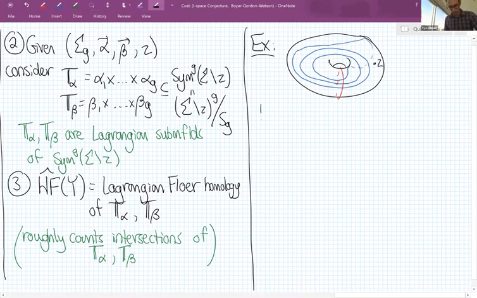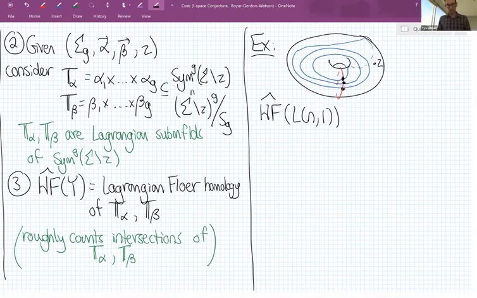And you see these n intersection points here that I'm drawing in black. And each of those gives me a generator of this Lagrangian Floer chain complex that I use to build the homology. It turns out the differential will be identically 0 because these are all supported in the same Z mod 2 grading.